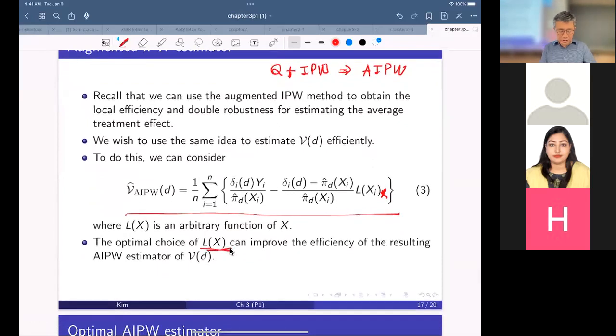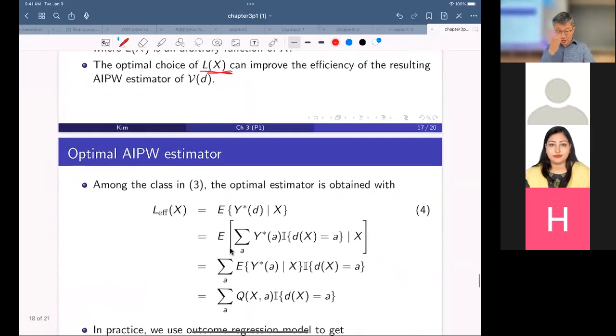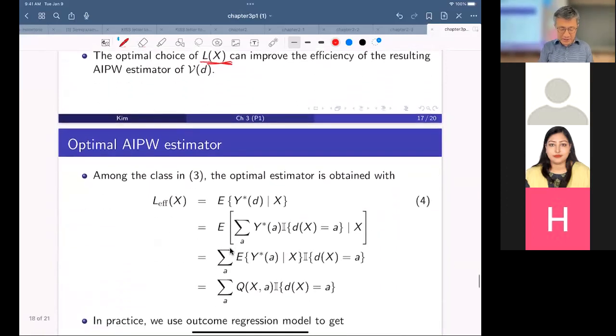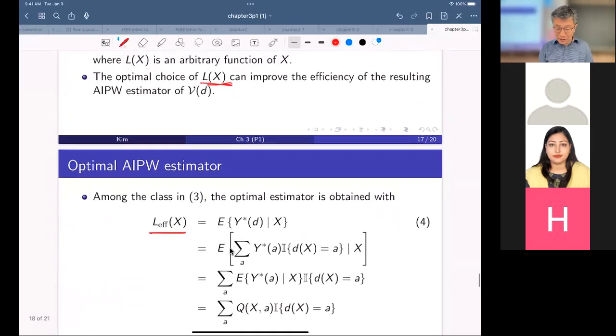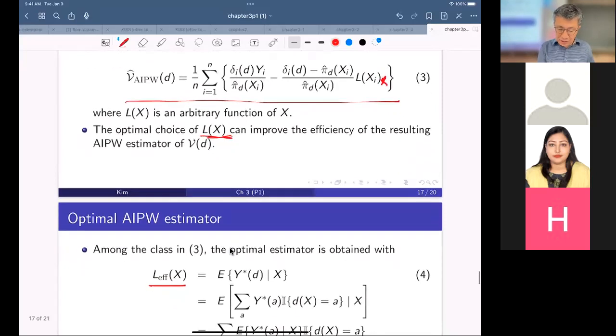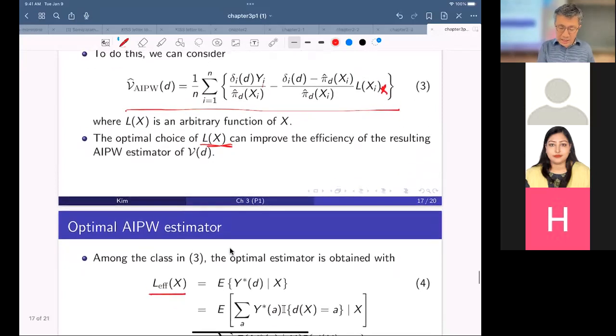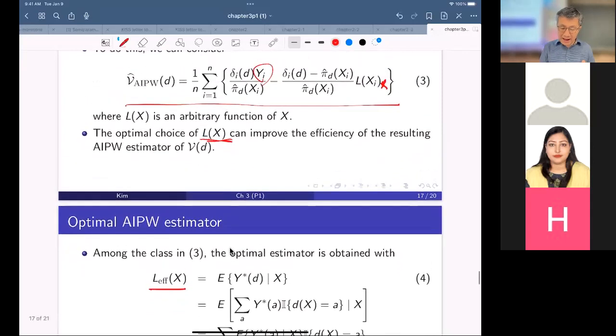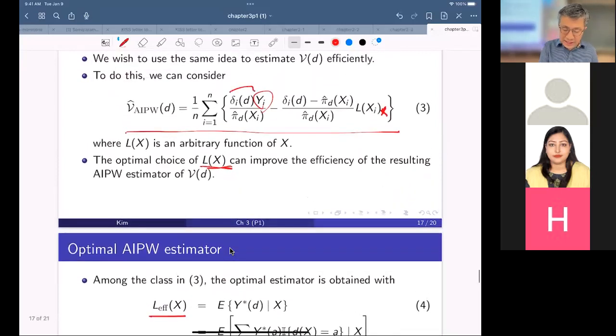Now, this is exactly the same problem. We probably know the answer already, but let's just confirm. The answer is this: the optimal estimator is nothing but the conditional expectation of this guy given X. But the tricky part is that there's a delta D already.